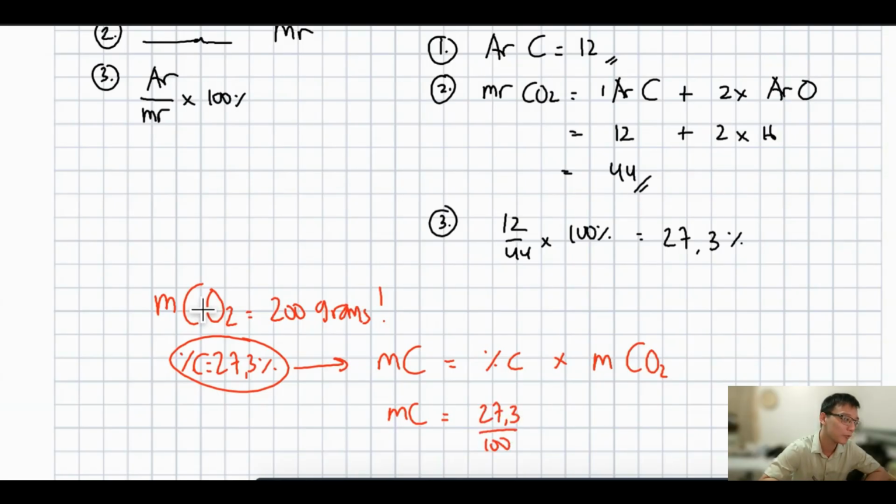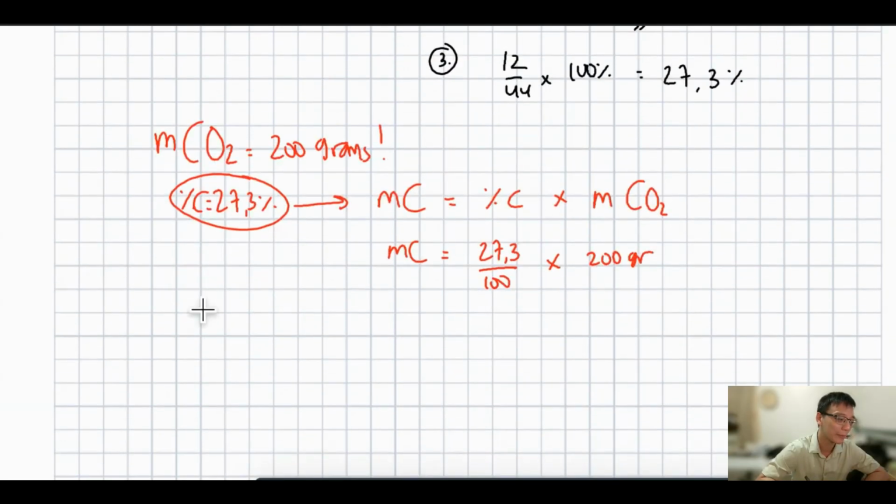So the mass of carbon would be 27.3 per 100 multiplied by 200 gram, which is equal to 54.6 gram. So determining percentage by mass is rather simple. You just need to divide the atomic mass by the molecular mass multiplied by 100%. You get the percentage of a specific element. Okay, guys?